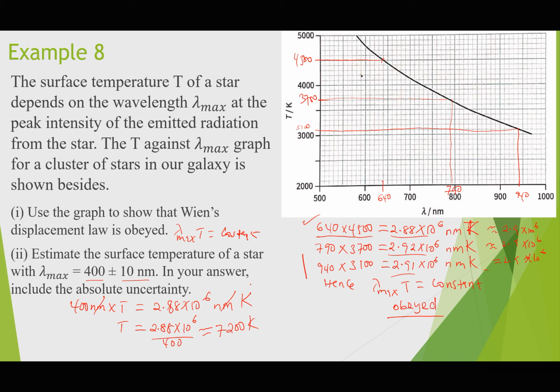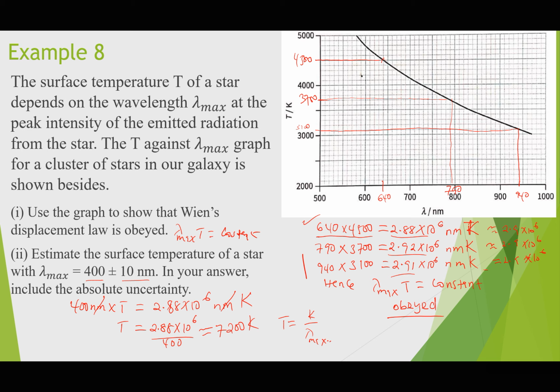Then in your answer, include the absolute uncertainty. So we need to find the absolute uncertainty. Because T is equal to a constant divided by lambda max, and lambda max has an absolute uncertainty of 10 nanometers.